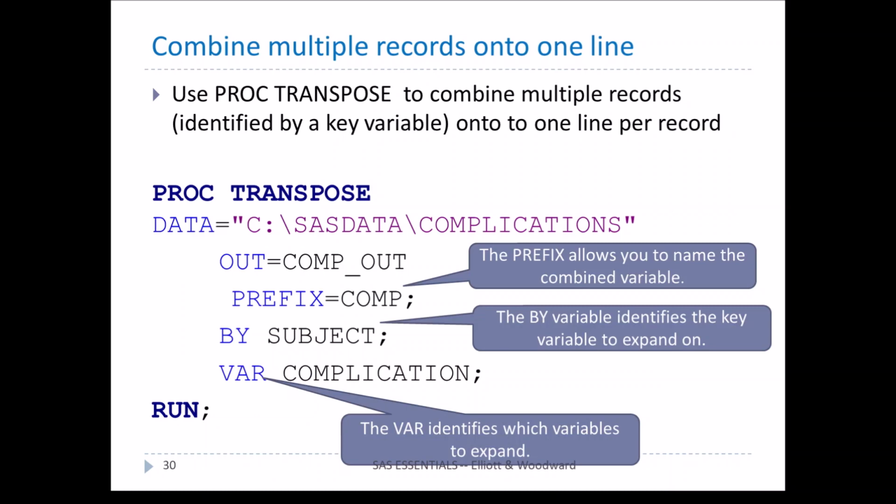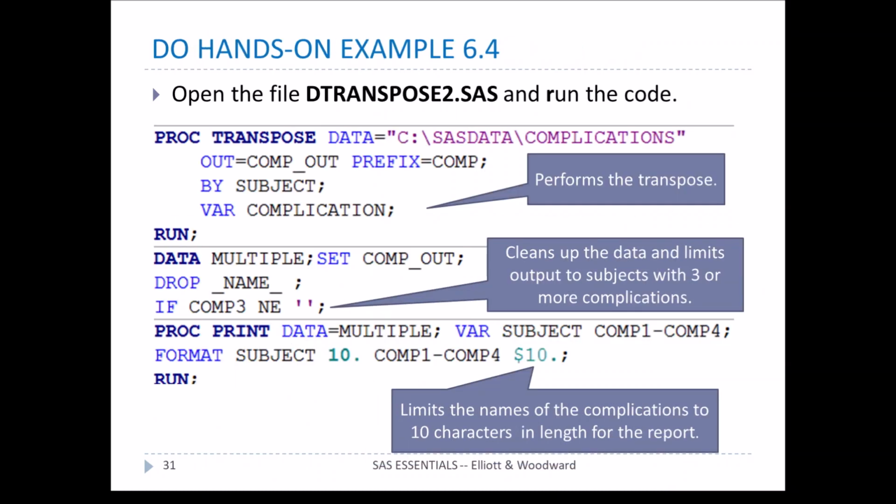So let's see how this works. We run the PROC TRANSPOSE, and now we're going to print out this data set. We're going to create another data set just to make our PROC PRINT a little easier. In this case, we're going to create a new data set called multiple out of the output data set comp out. We're going to drop the name column because that doesn't give us anything.